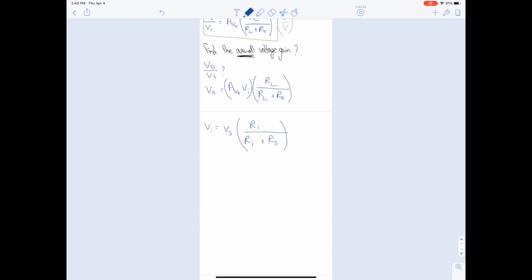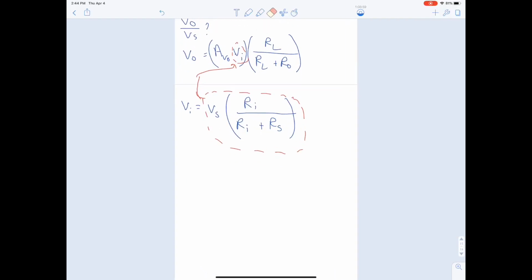Okay. So what are we going to do now? We're going to take all of this and plug it into the input. Let's see what will happen. You will get V output is equal to AV naught, open brackets, Vs multiplied by Ri divided by Ri plus Rs, close the square brackets, and then go back to the earlier equation, RL over RL plus RO.